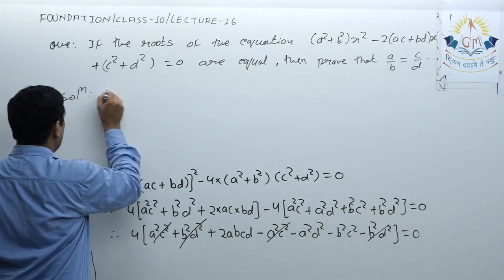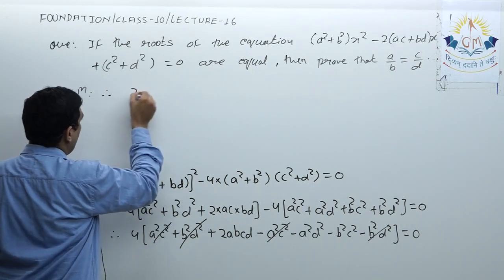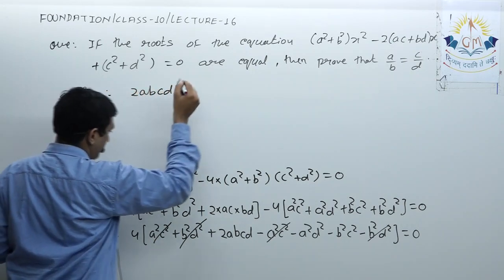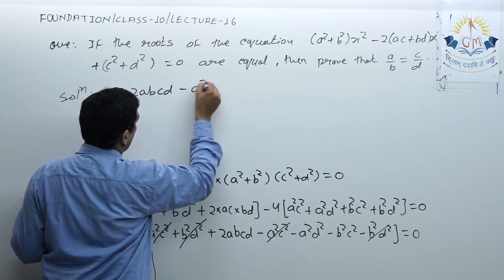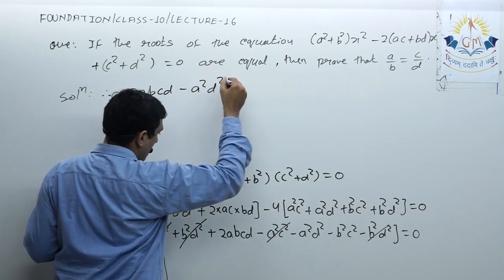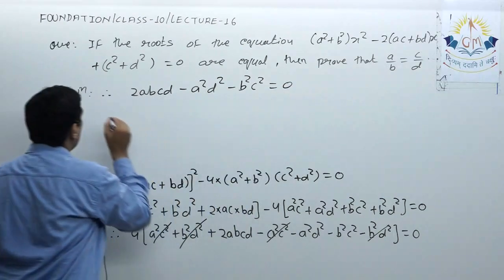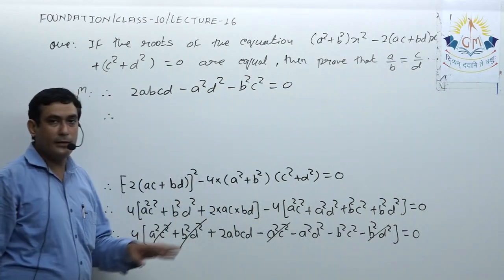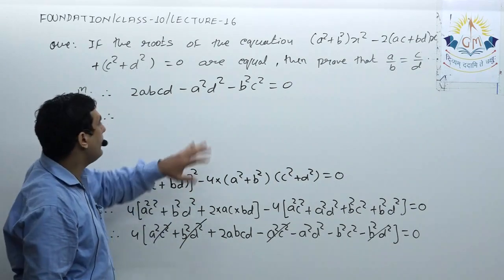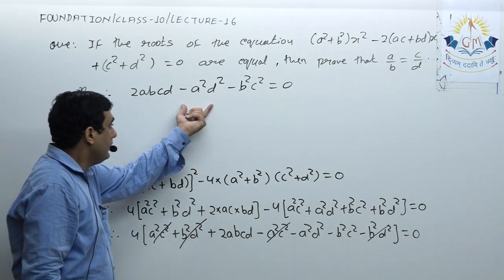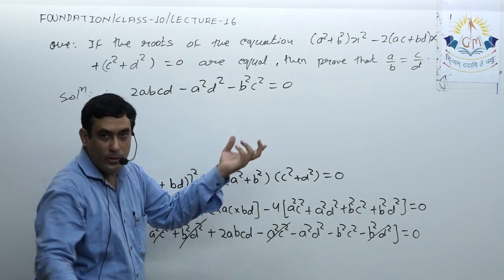Therefore here I will write 2abcd minus a square d square minus b square c square is equal to 0. Now here we can apply the identity of (a plus b) whole square or (a minus b) whole square, but for that the a square and b square terms must be positive.